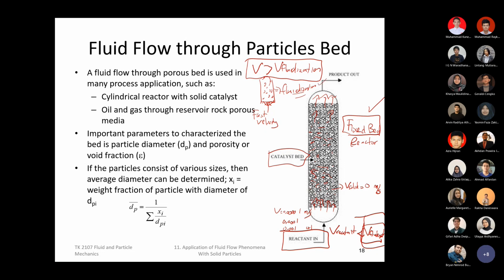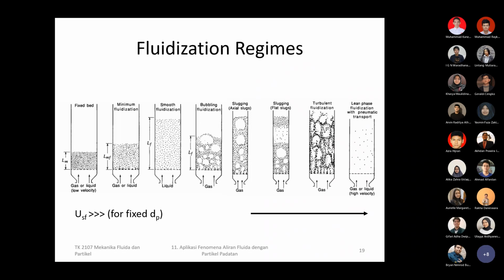If you only need to focus on one very important variable, it is how can I calculate this fluidization velocity, which will be different depending on the size of the particle. Of course, a bigger particle will require a bigger velocity to start to fluidize. And in terms of the regime, this is the complete regime.